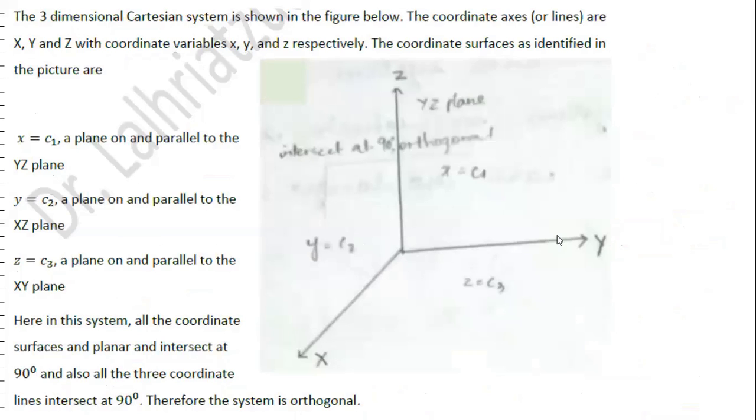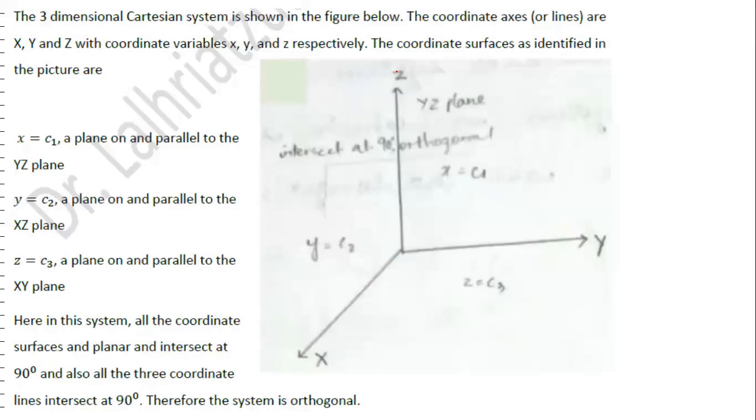All right. So now that we finish the 2D system, let us come to the 3D system. So we are already familiar with this 3D Cartesian system. In the 3D Cartesian system, we have x-axis, y-axis, and z-axis. And the coordinate lines are x coordinate line, y coordinate line, z coordinate line.